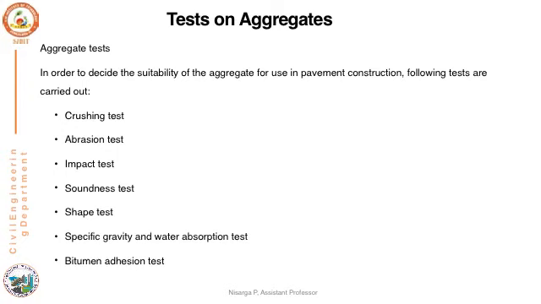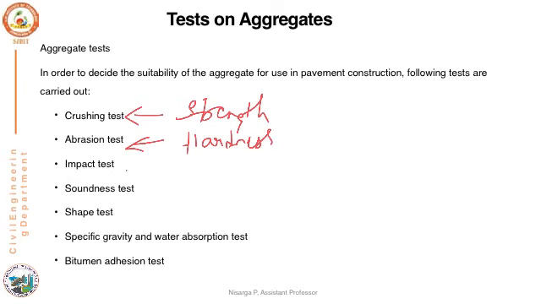Some of the tests that are conducted on the aggregate to determine the properties of the aggregates are: the first one is the crushing test, which will determine the aggregate strength. Next we have the abrasion test, which determines the hardness of the aggregate, the impact test which determines the toughness property of the aggregate, and soundness, which is designed to determine the durability.